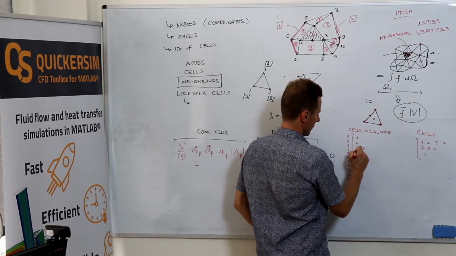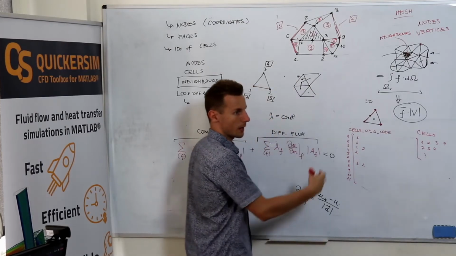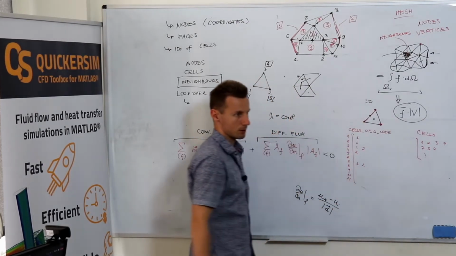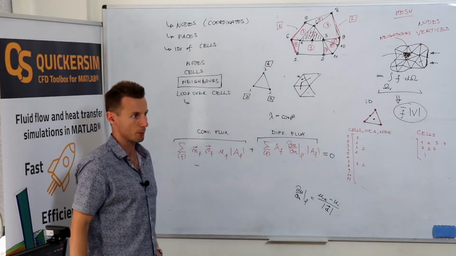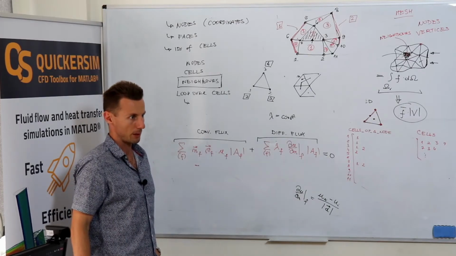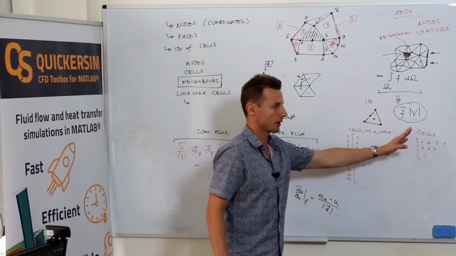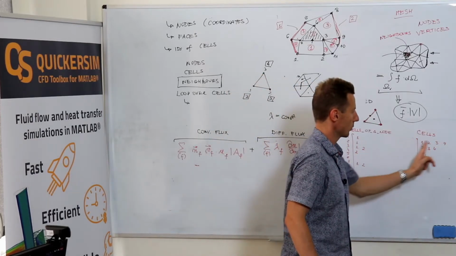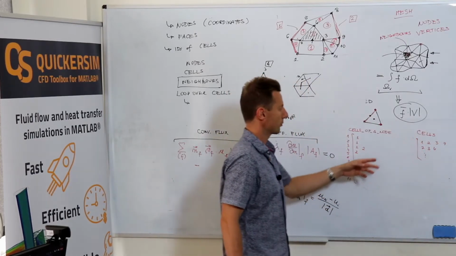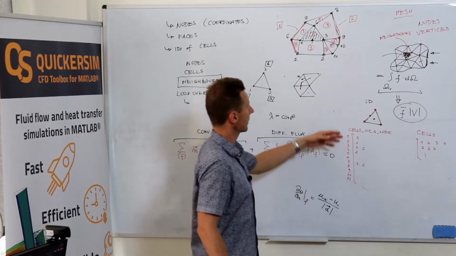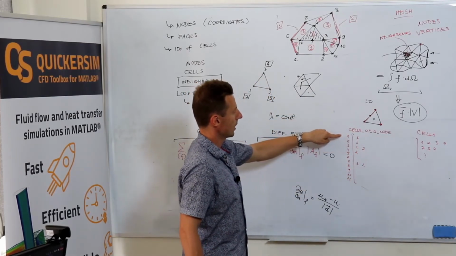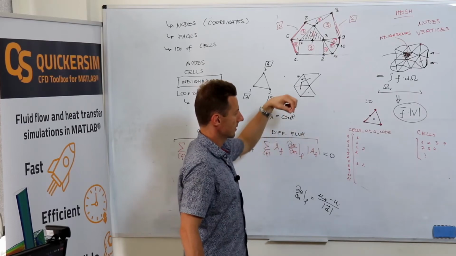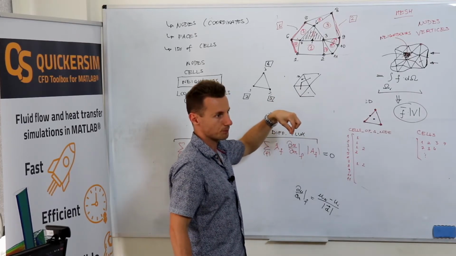This data structure can be generated extremely easily, right? During importing the mesh, in one go through the cells, you can generate the information about which cells touch at a given node.